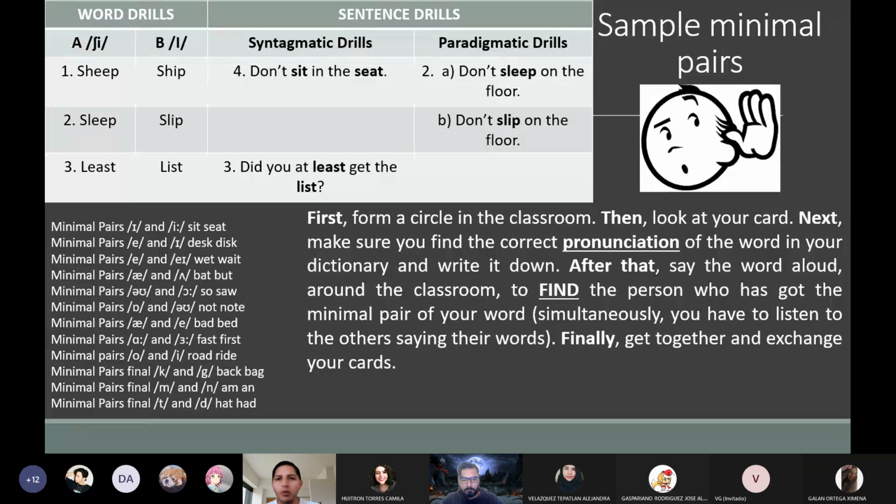Then you make a circle, you go around, calling out the word until you find your minimal pair by means of the identification of the sound. It's really fun, and you learn.